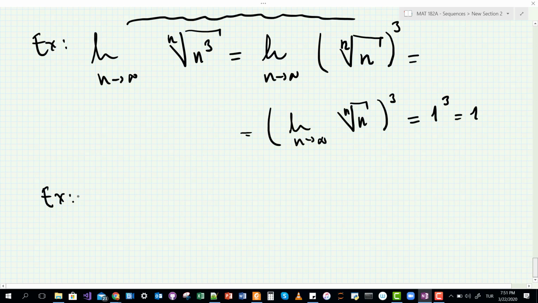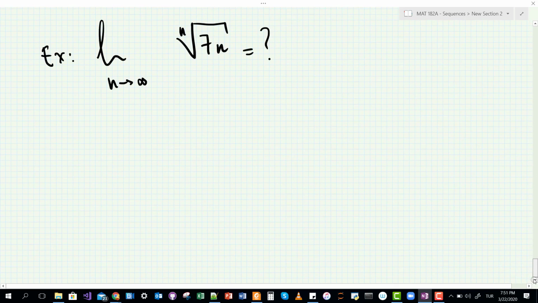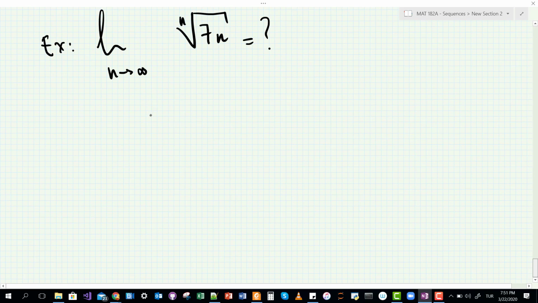The second example is this one. Limit when n goes to infinity, n 7n, right? We can say the same thing. I can't just use the continuous function theorem for this problem, but I can use some algebraic technique before I use these rules.